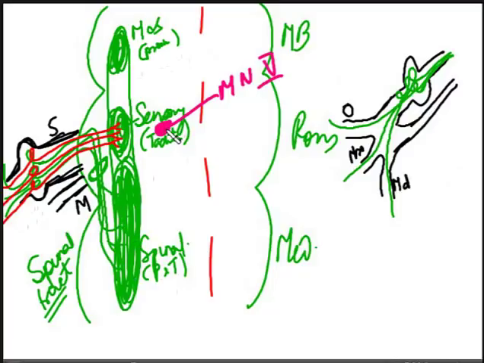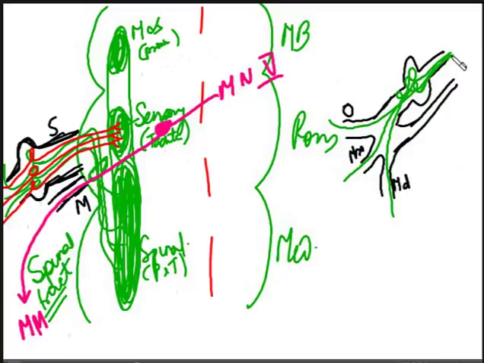The cells here pass out and travel only in the mandibular division of the trigeminal to supply those muscles of mastication and the other muscles like mylohyoid and the anterior belly of digastric. So you can see that this motor nucleus is very small because the fibers are only coming out of the mandibular division. They don't go out over here.